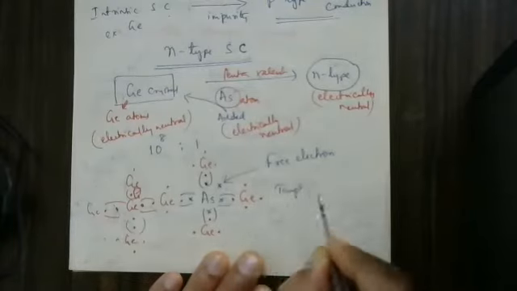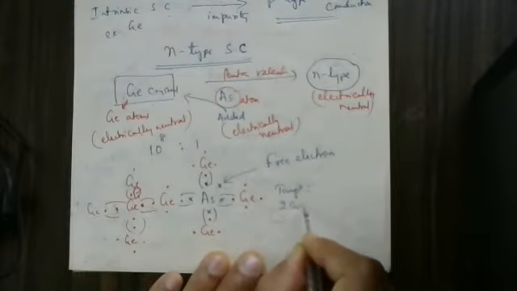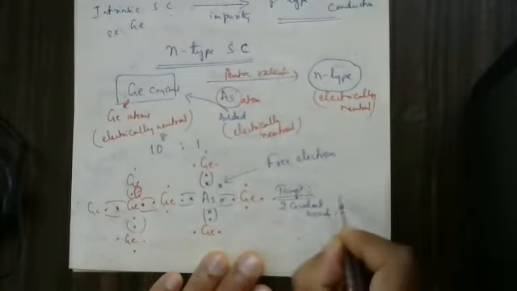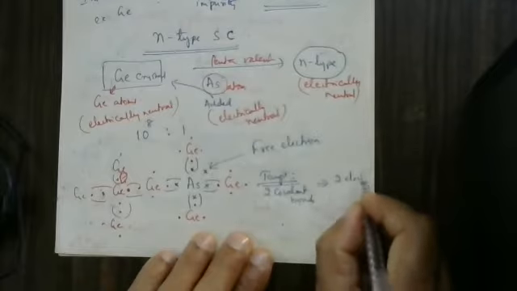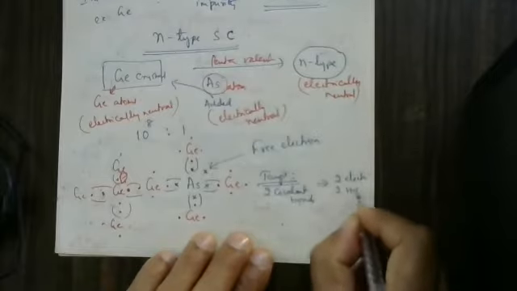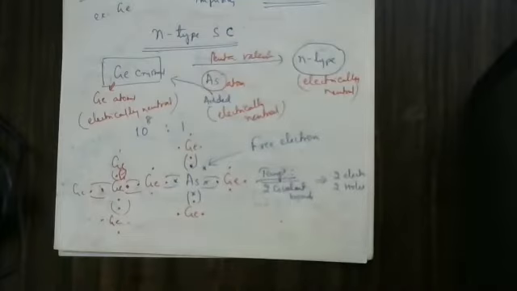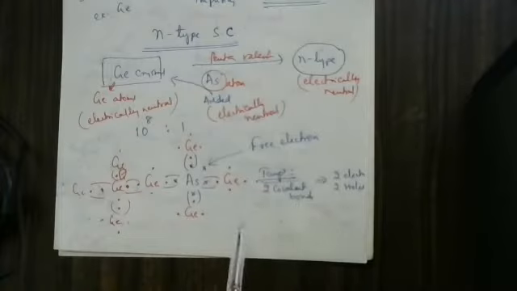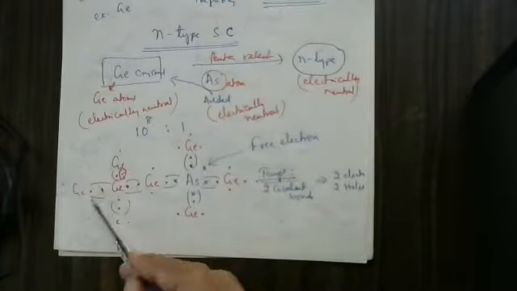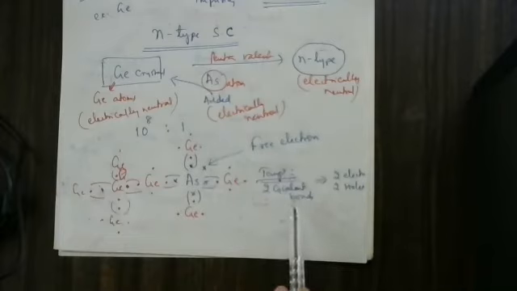Then you will have 2 electrons and 2 holes, so 2 pairs are produced. If 1 covalent bond breaks, 1 electron and 1 hole are produced. If 2 covalent bonds break, we get 2 electrons and 2 holes.